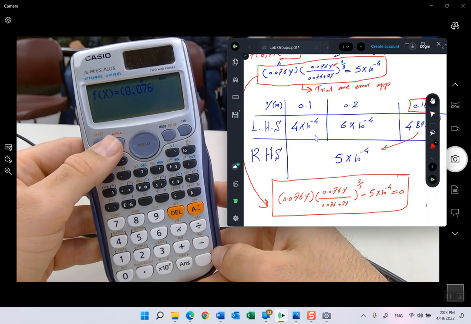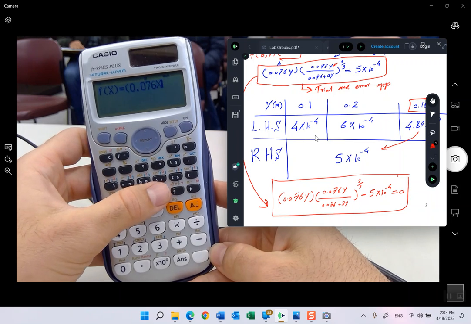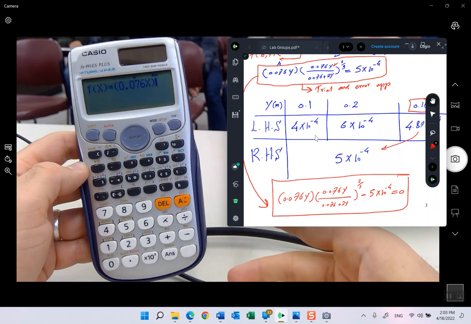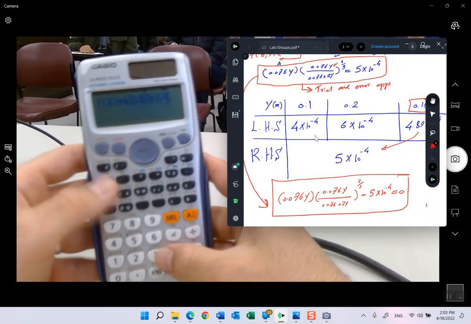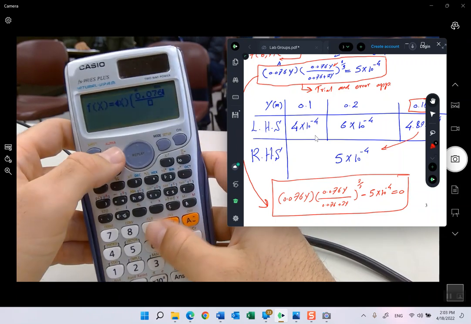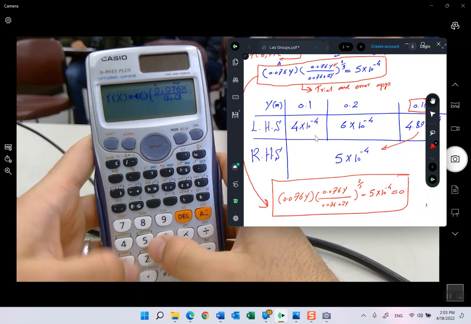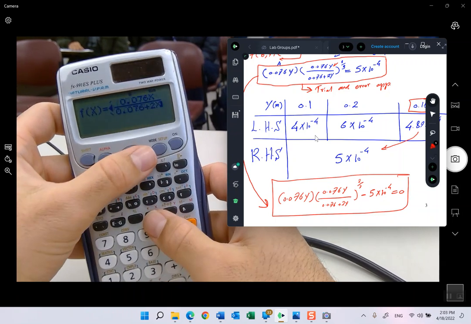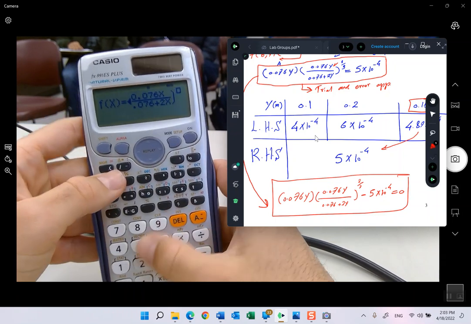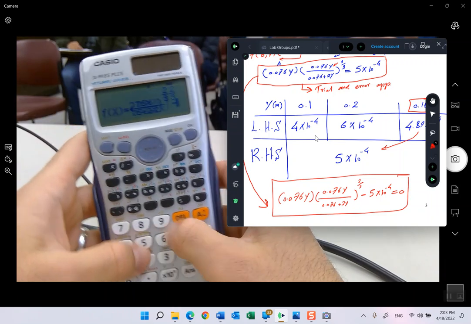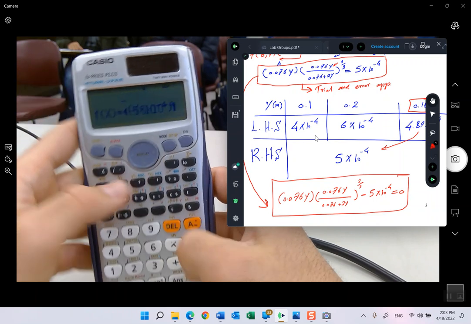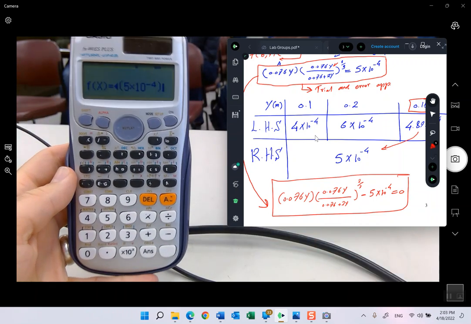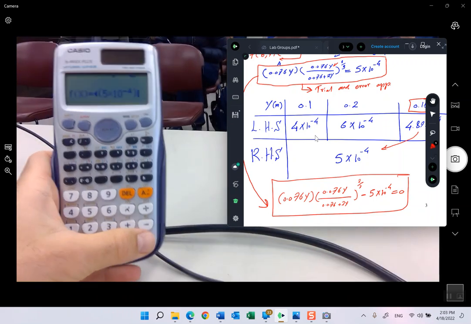To do that, you will press the alpha x. So this is the first term. I will continue doing this: 0.076 plus 2x to the power 2 over 3 minus 5 multiplied by 10 to the power negative 4. After writing the equation, you just need to press equal.